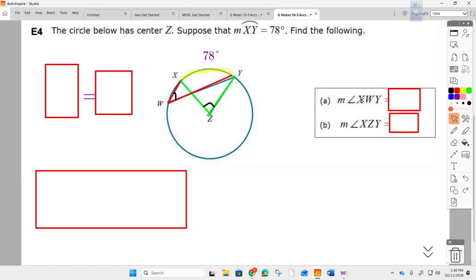So the measure of XWY is what? What's the measure of XWY, Landon? So remember, if you're a little confused about the angles, start at the letter and trace. XWY. Is that an inscribed or a central angle, Landon? Is the vertex on the center or on the circle?